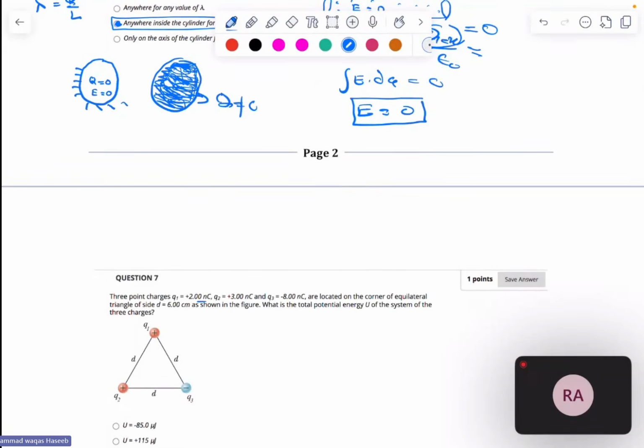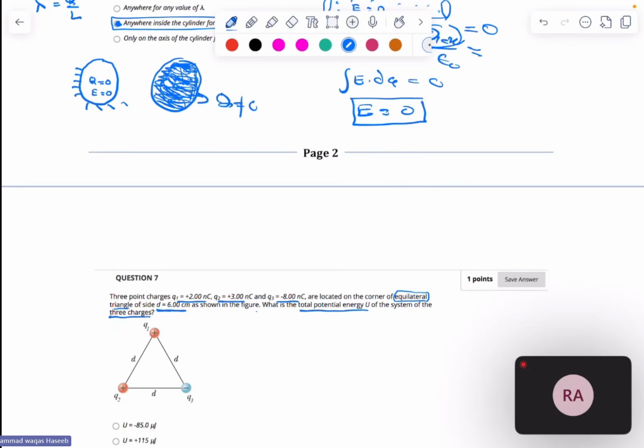Three point charges Q1, Q2, and Q3 are located at the corners of an equilateral triangle. An equilateral triangle has all sides equal, so these three sides are as shown in the figure. What is the total potential energy of the system of three charges?